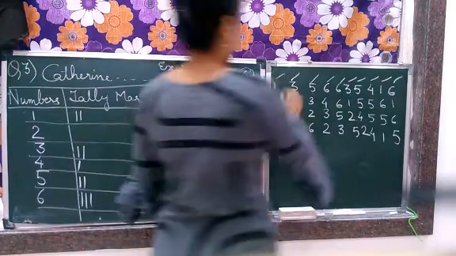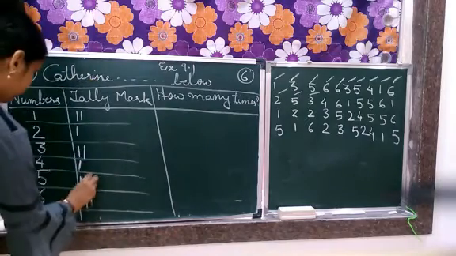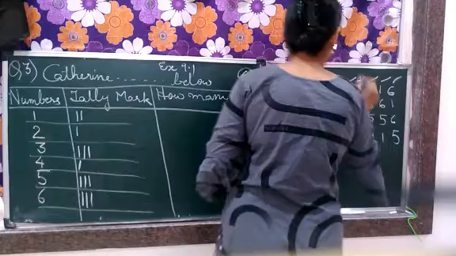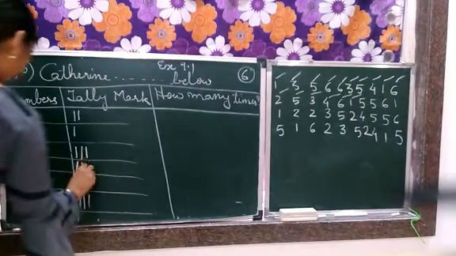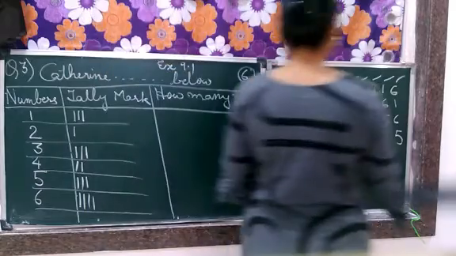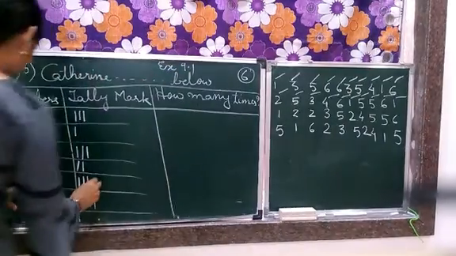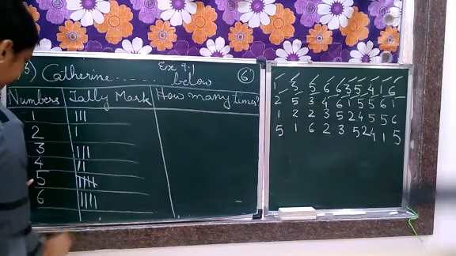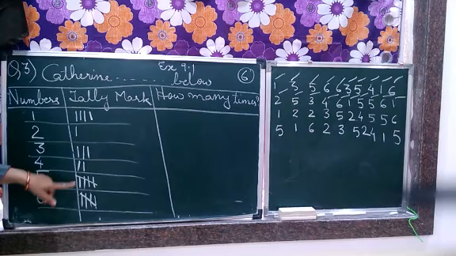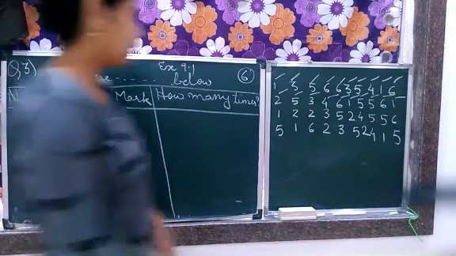Go to the second line. 2, 5, 3. 4, 6, 1. 5, 5, 6, 1. Okay? We all remember, no? Fifth line we cut. We discussed this in the Zoom class.